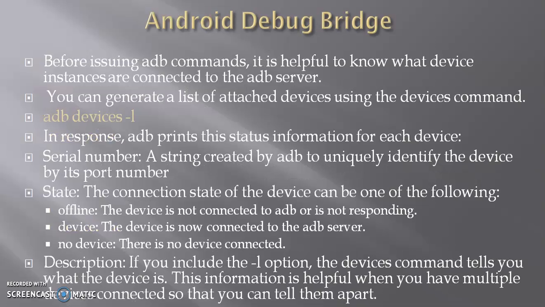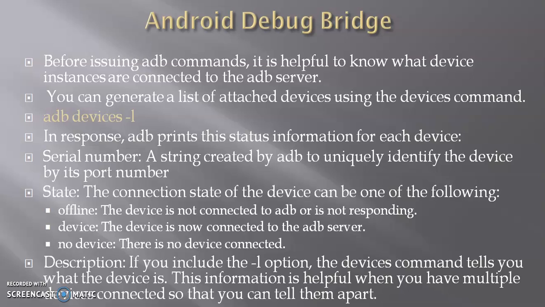The next one is Android Debug Bridge, that is ADB. Before issuing ADB commands, it is helpful to know what device instances are connected to the ADB server. So you can generate a list of attached devices using the devices command, adb devices -l. In the response, ADB prints the status information for each device: the serial number, its state and description. The serial number is a string created by ADB to uniquely identify the device by its port number.